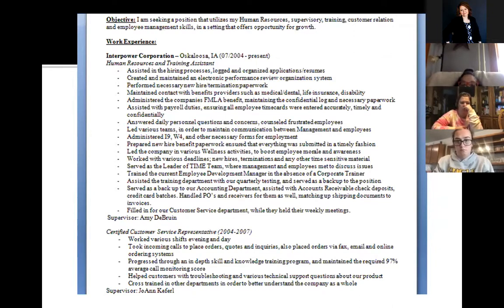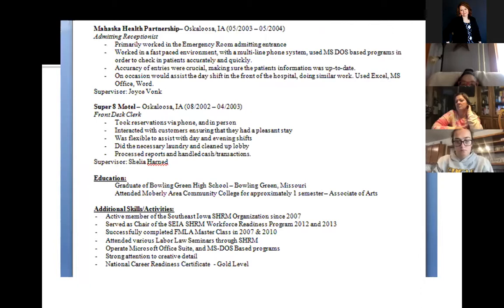So then if you have other, different jobs, that's when you can put your different job and the dates of employment, because those are really looked at, what your job title was and what you did. You can put your supervisor there. A lot of times, like for example, that one, they're not even there anymore, so it's not helpful. This is also a few years old.